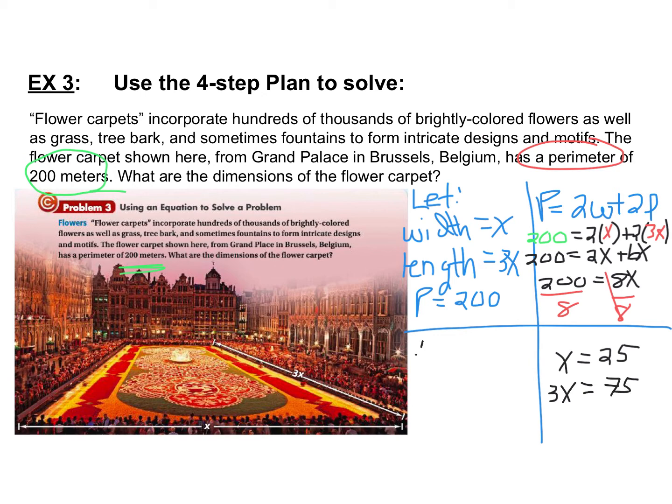So therefore, the dimensions are 25, and we have to have units of measure. So note that the units of measure that they gave in the problem was meters. So that's the units of measure here, and so I can use those here. So 25 meters by 75 meters. Okay?